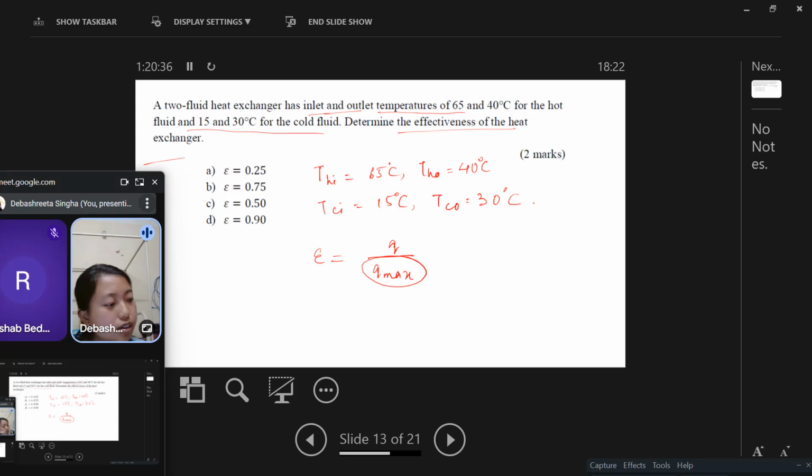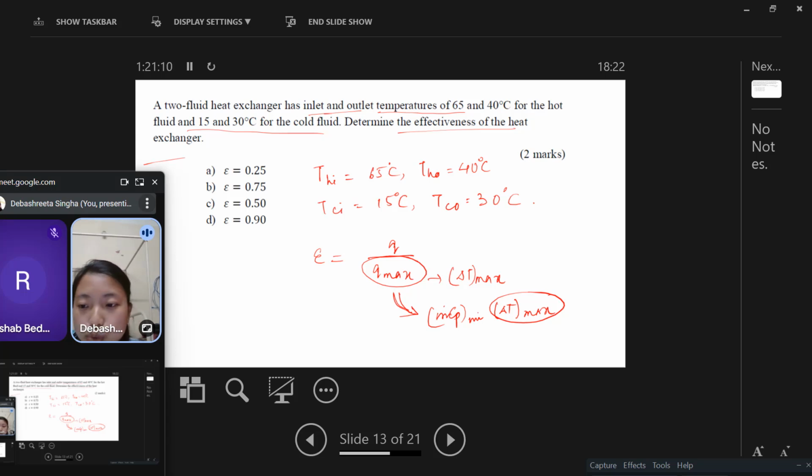Now this Q max corresponds to delta T max. Because this Q max is equal to how much? MCP minimum into delta T maximum. Delta T should be maximum for Q max. So first we have to identify which one is the delta T max.